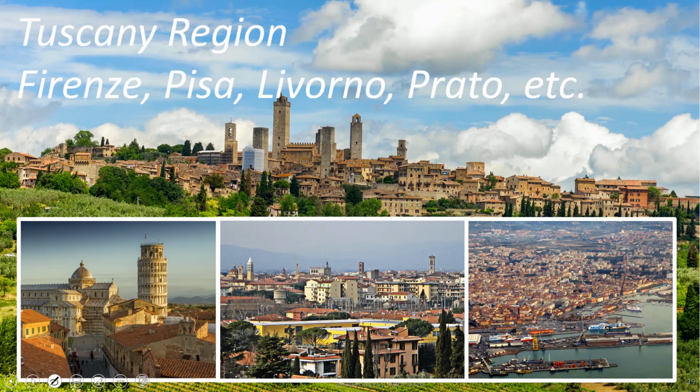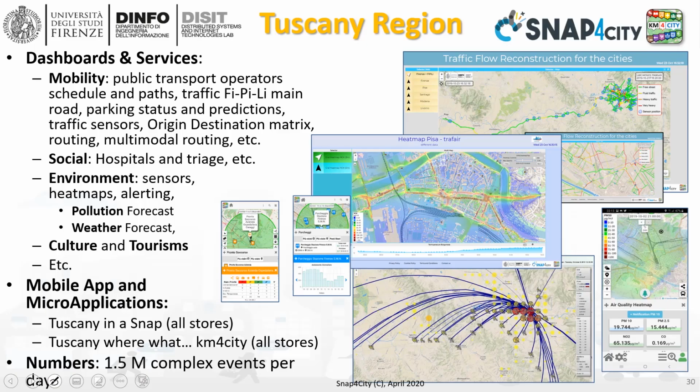In Tuscany region, and mainly in Florence, Pisa, Livorno, and Prato, we have a number of facilities. In Tuscany, we cover with data the whole region with the whole details regarding traffic and pollutant, and also traffic and parking, and many other information regarding mobility, social, hospital and triage, environmental, culture and tourism.